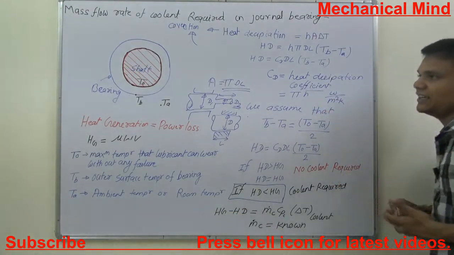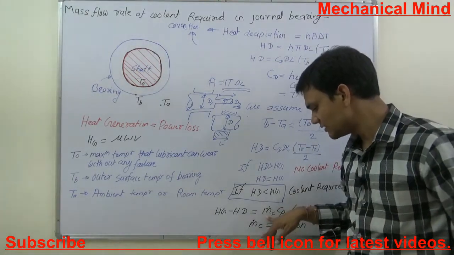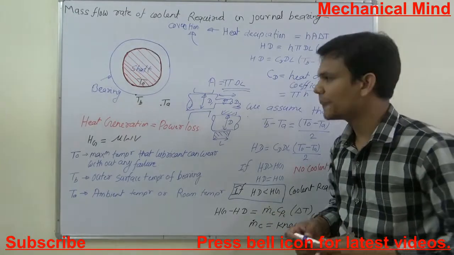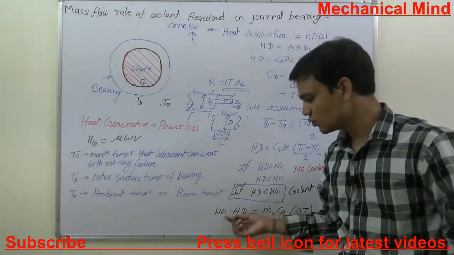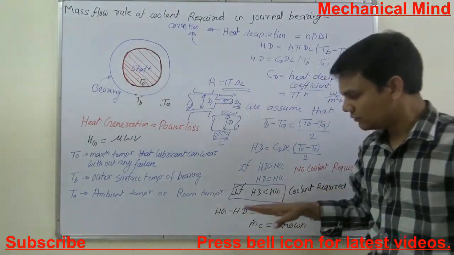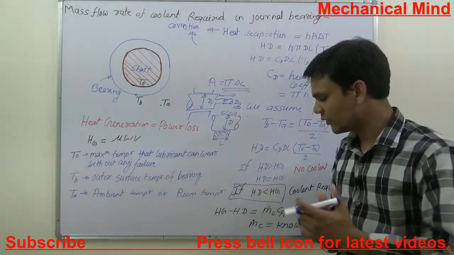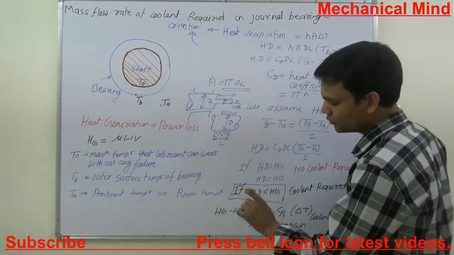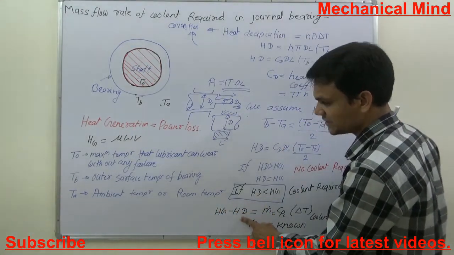The reason is that in industries we purchase coolant and shaft bearings in large quantities, so the cost will be very high. So we think about how we can reduce the cost. For this purpose we use coolant only for the difference between heat generation and heat dissipation.